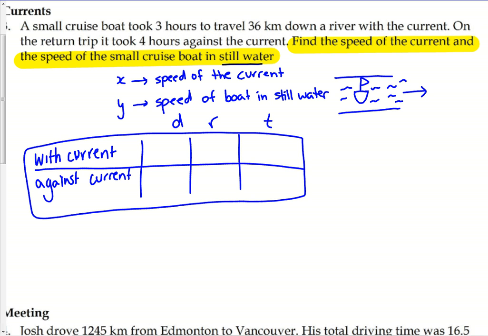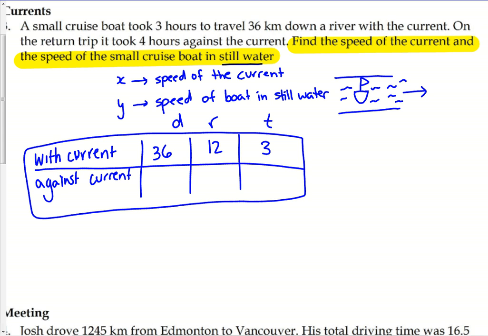Well, it kind of does. You want to try that? There's a few ways to solve this one, okay? So the one way is to plug in what we know. We know that a cruise boat took 3 hours to travel 36 kilometers, right? And so you got 36 divided by 3 is 12. Good.